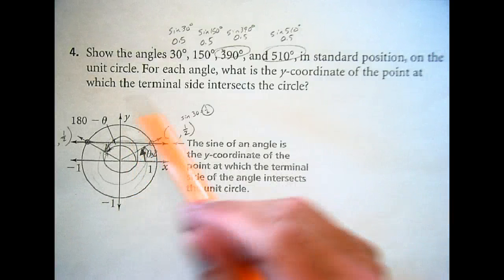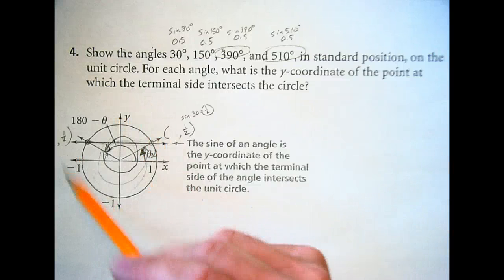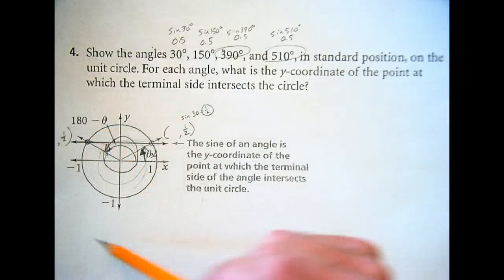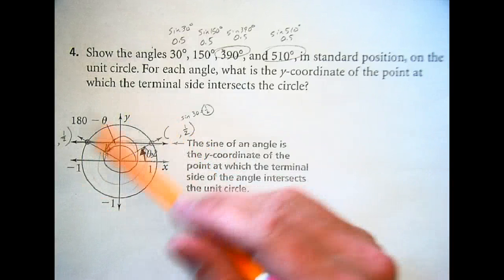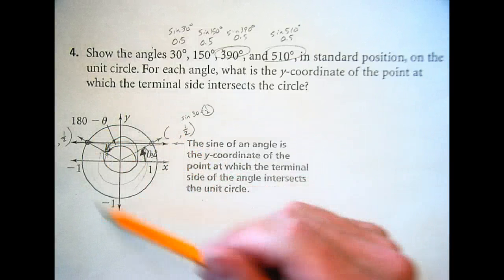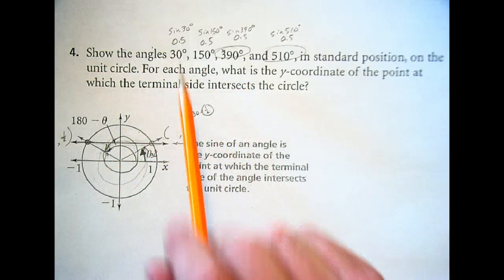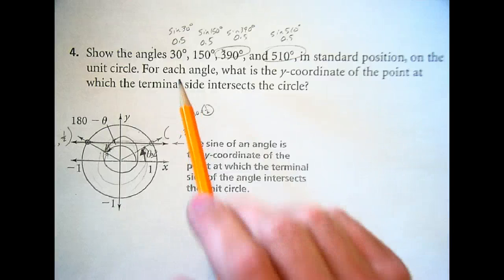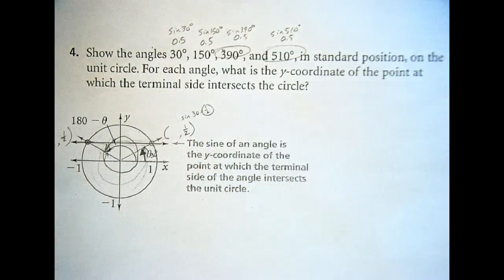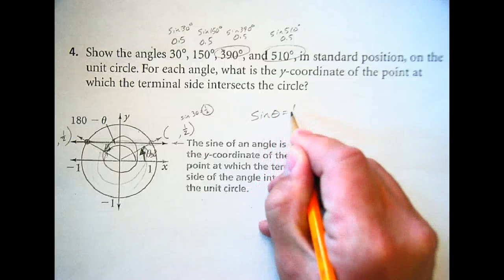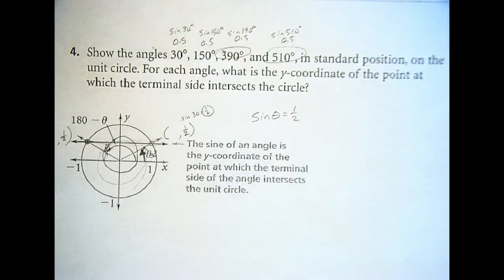So when do I stop revolving around the unit circle? When you're dealing with periodic data, when do you stop? Never. It's periodic. You keep going on. So in other words, if I was trying to find the solution for sine theta equaling 1/2, when does sine theta equal 1/2?